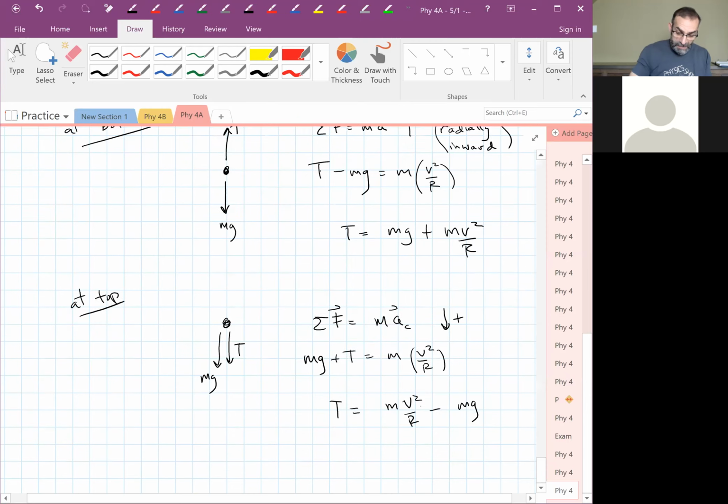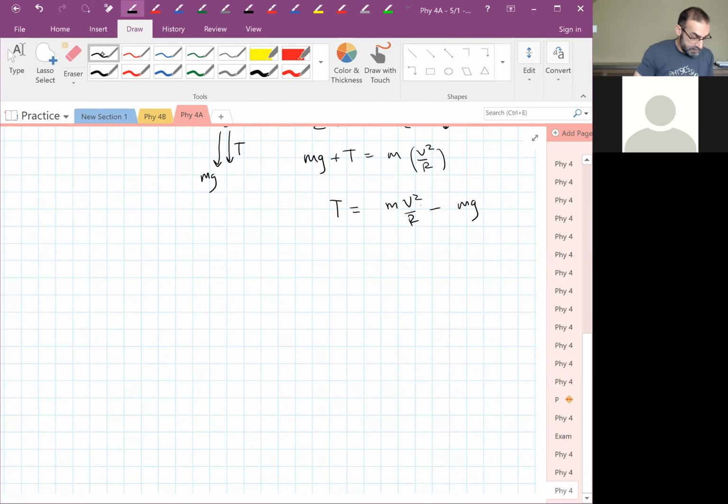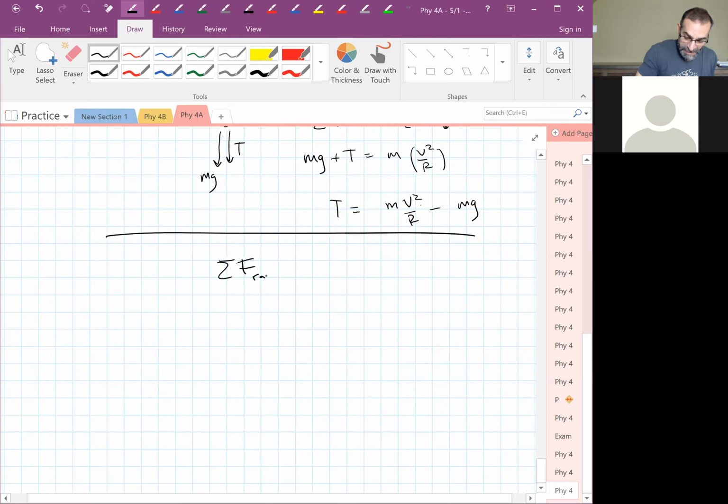If you don't mind me taking one more minute, consider the sum of forces in the radial direction. If the net force in the radial direction is bigger than mv squared over r, then what happens to our object?